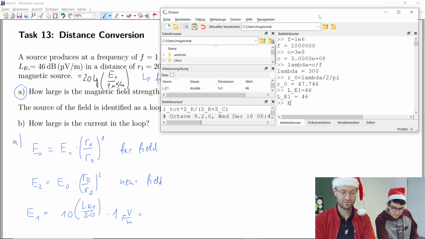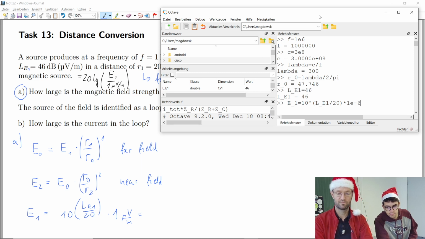So E1, if we apply this formula, should be 10 to the power of this level divided by 20, and then multiplied with the reference quantity, which is 1 microvolt per meter. This is 10 to the power of minus 6. So before I hit enter, we have here 40 dB and 6 dB.